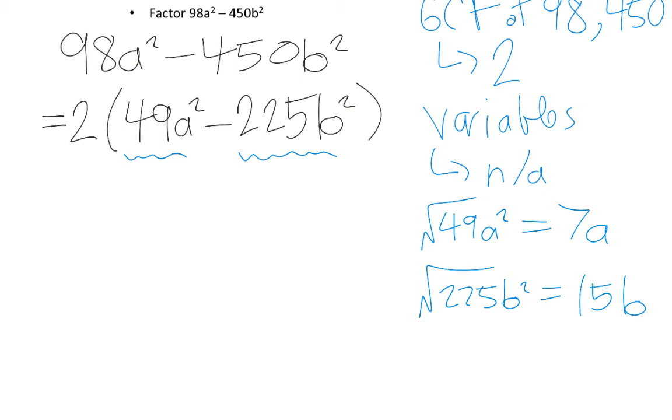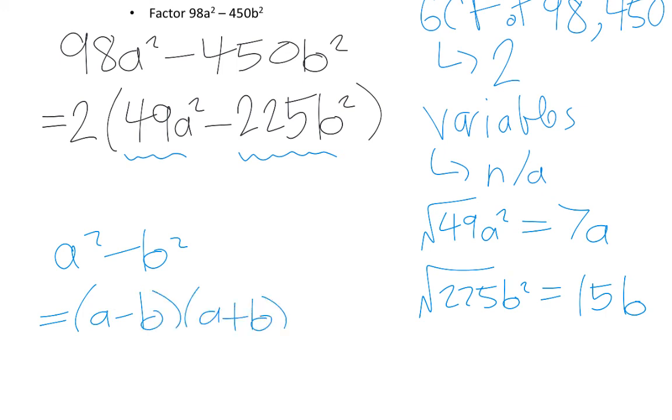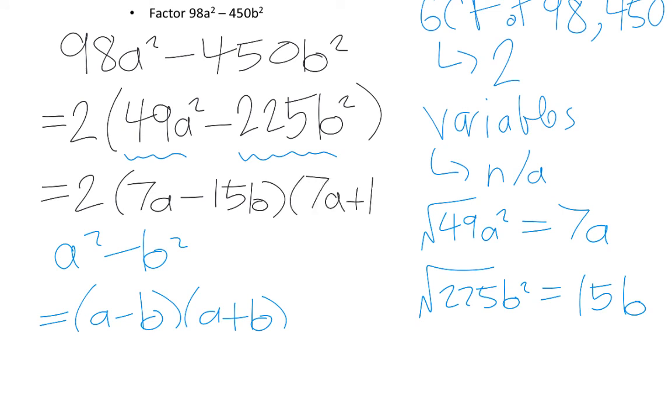Now, if you recall, the pattern here is a squared minus b squared equals (a minus b) multiplied by (a plus b). Therefore, in this scenario, a is actually 7a and b is actually 15b. So let's rewrite this as 2 times (7a minus 15b) multiplied by (7a plus 15b).